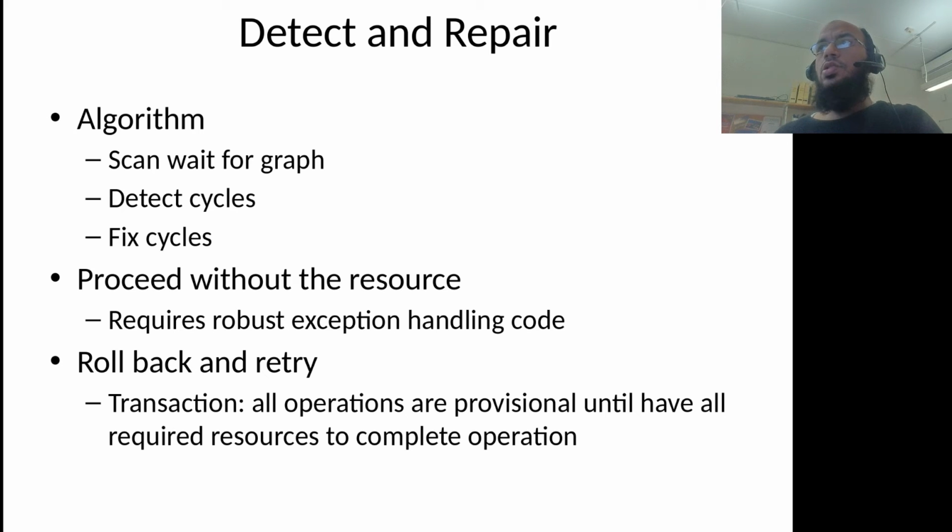So this is not always easy, because with a mutex, for example, you cannot just kill a thread, because everything will be in a non-consistent state, unless you have written very clean exception handling code in your program. So there are also other ways.